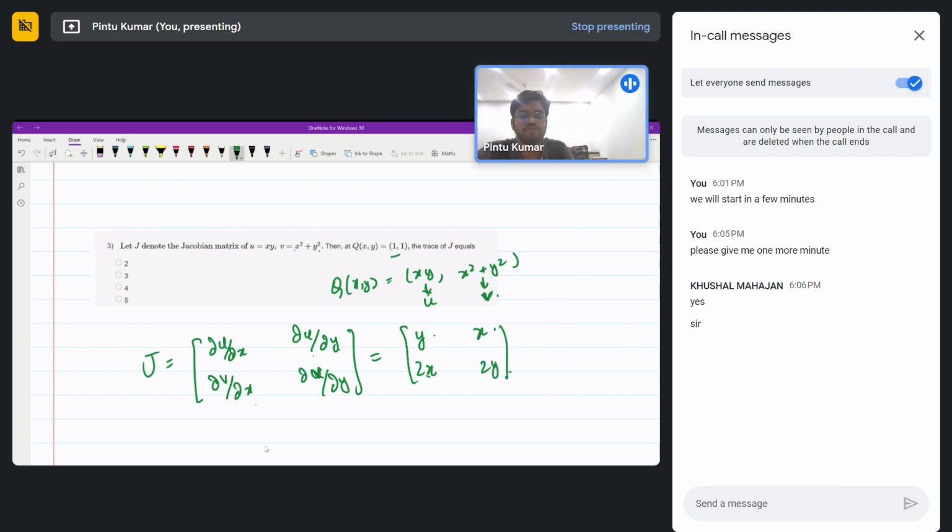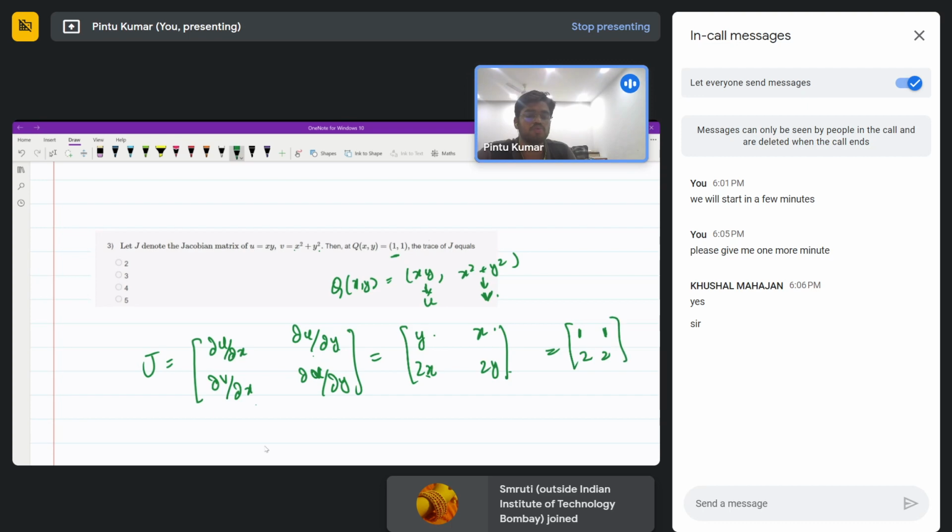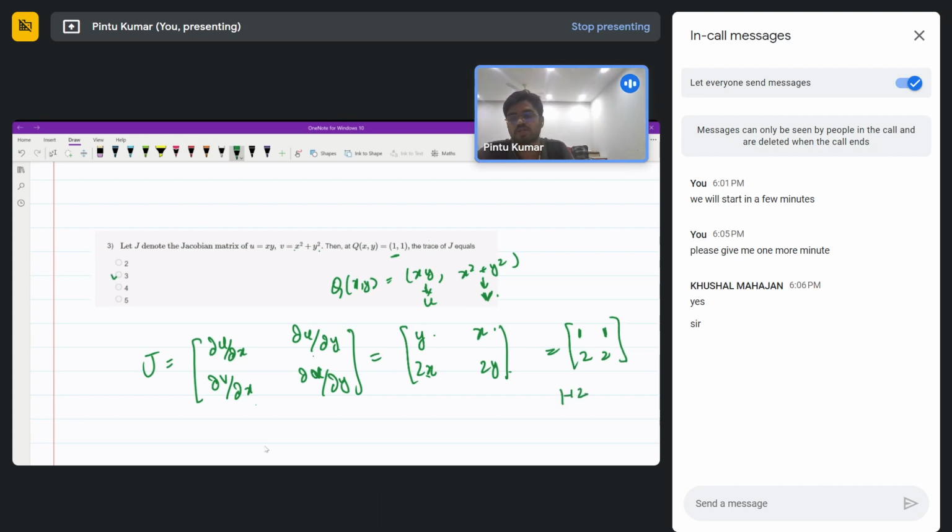Now let's put the values. So this would be 1, 1, 2, 2, and what is the trace? This is 1 plus 2, which is 3. So if you have a similar question, you can attempt it in a similar way.